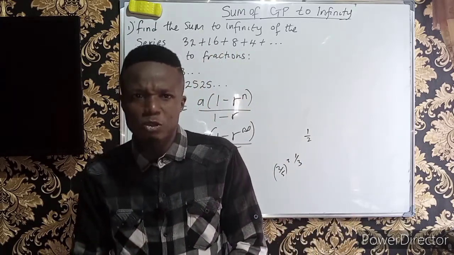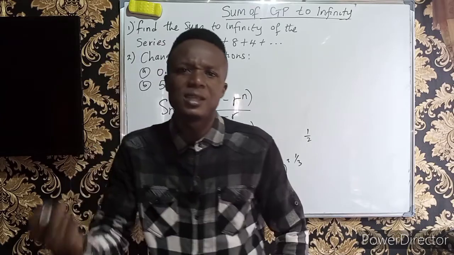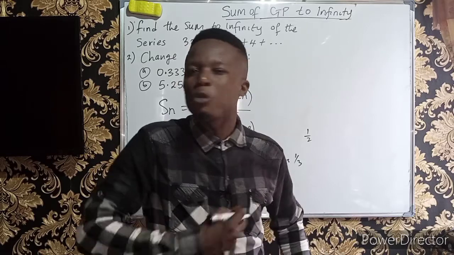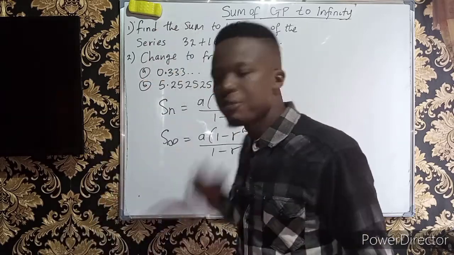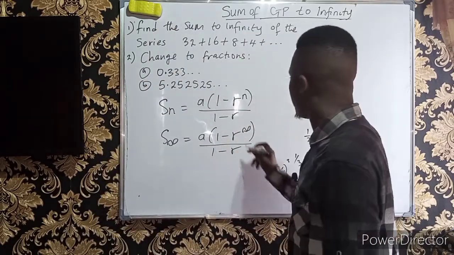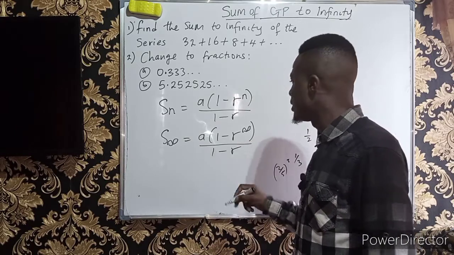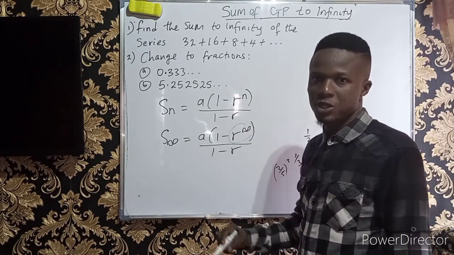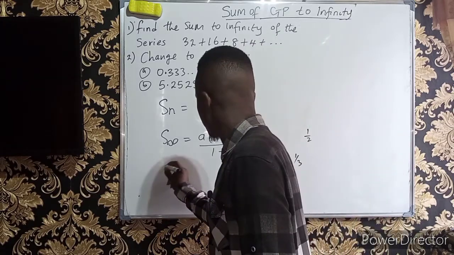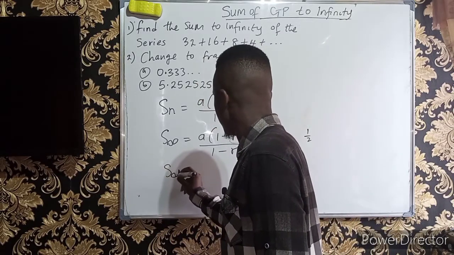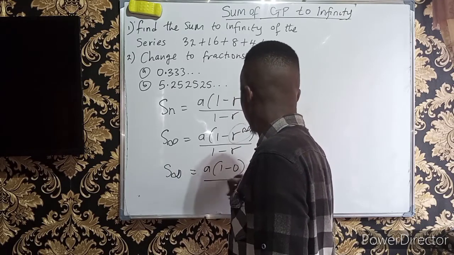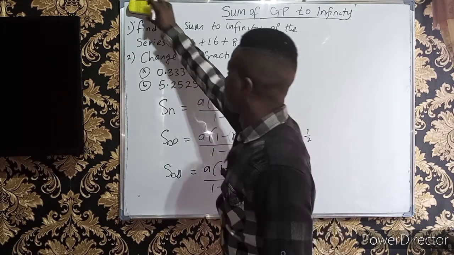If you keep raising it up to infinity, the value will be almost 0. Therefore, whenever r is less than 1 and you raise it to the power of infinity, this whole thing tends to 0. Therefore, you can write that the sum to infinity of any geometric progression will be a(1 - 0) over 1 - r.